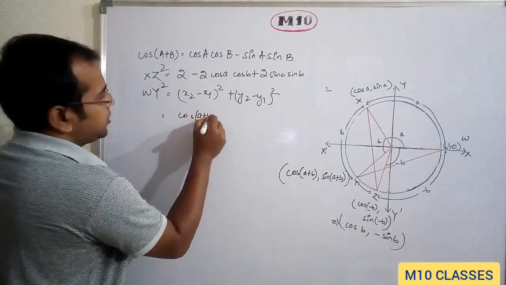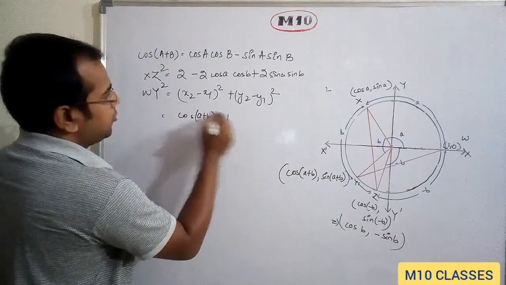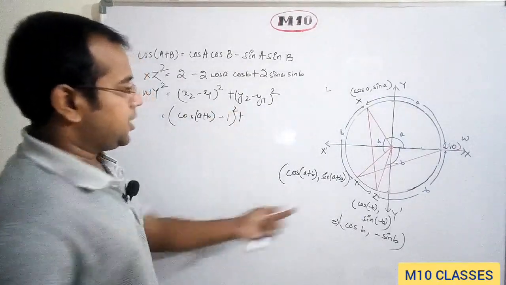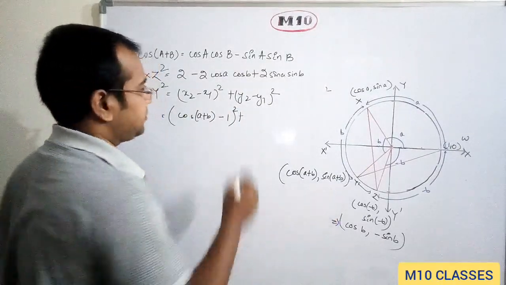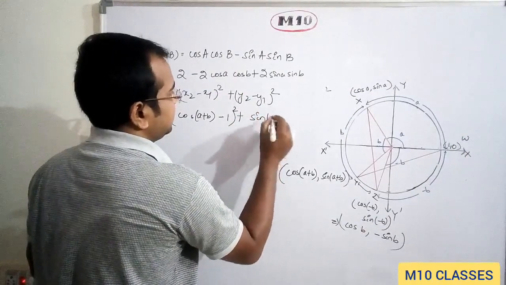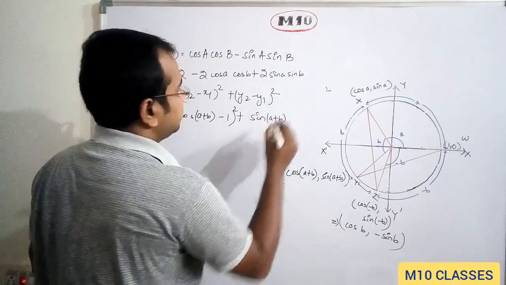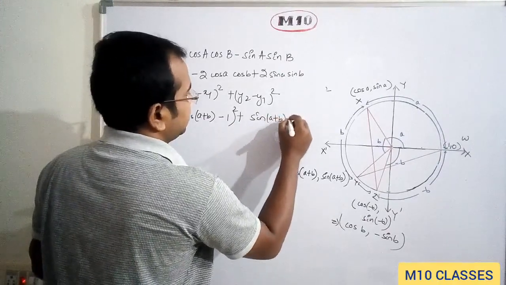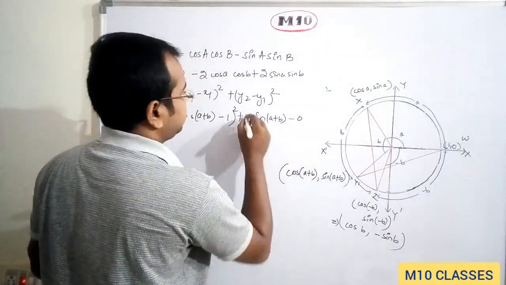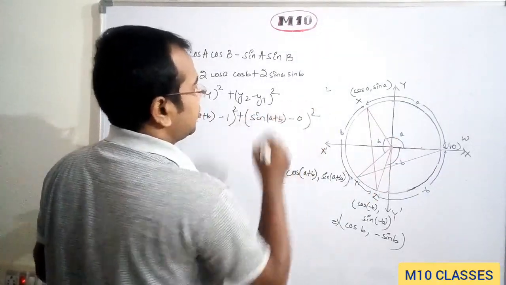Cos of a plus b minus 1 whole square plus, here you have sin of a plus b minus, here y is 0, whole square.